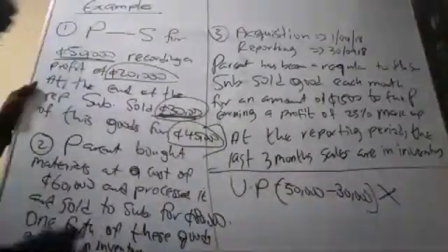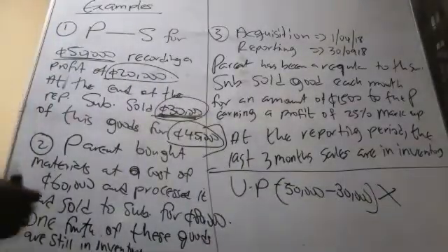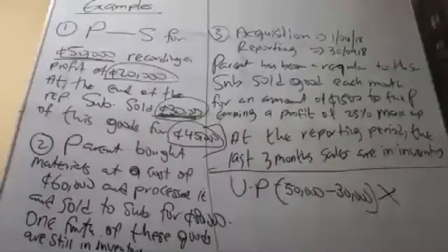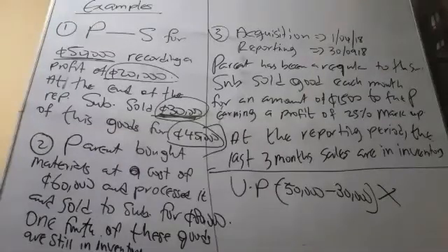Now times the profit loading. Here you take the entire profit of 20,000 and divide it by the entire sales of 50,000.